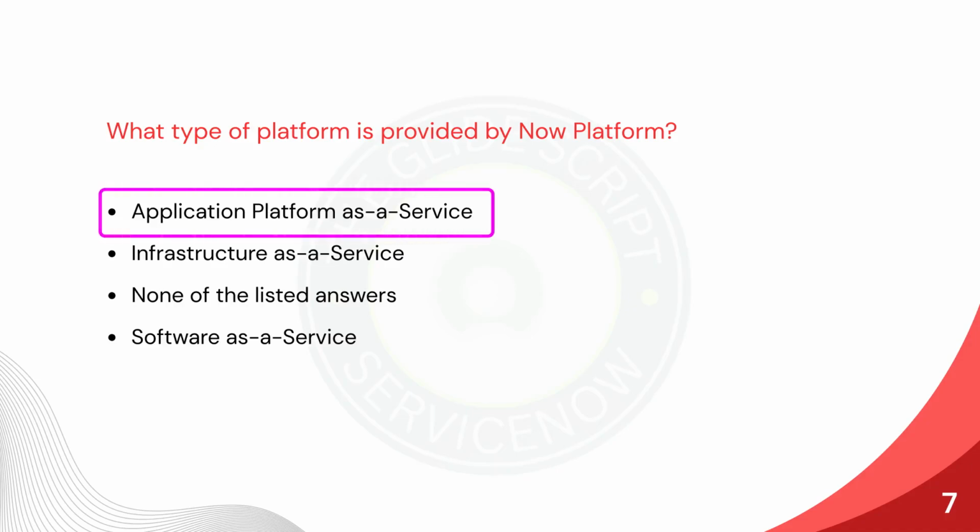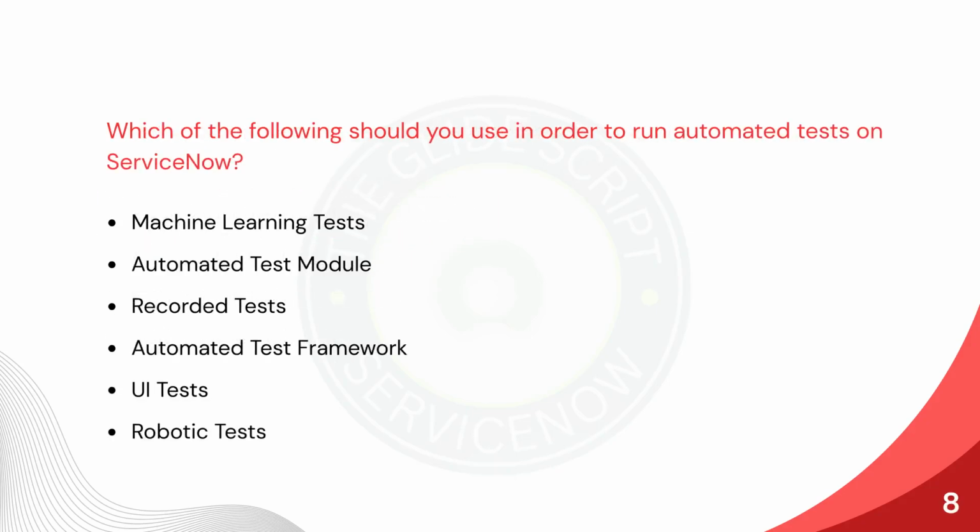Application Platform as a Service. Which of the following should you use in order to run automated tests on ServiceNow? It should be ATF, Automated Test Framework. Out of 6, you will have to select only one, and the correct answer is Automated Test Framework, ATF.